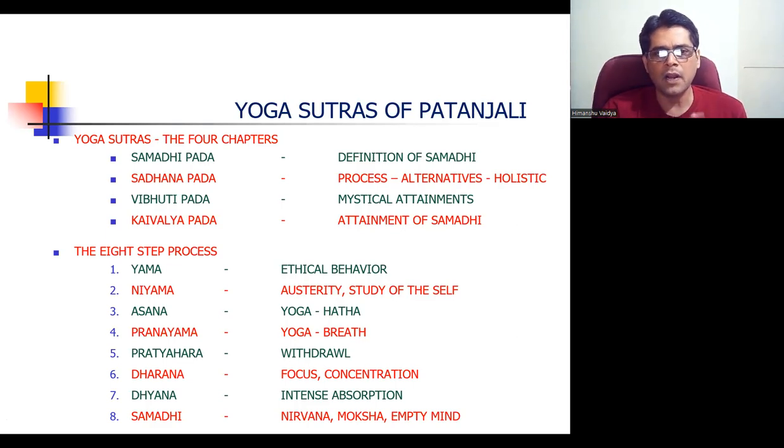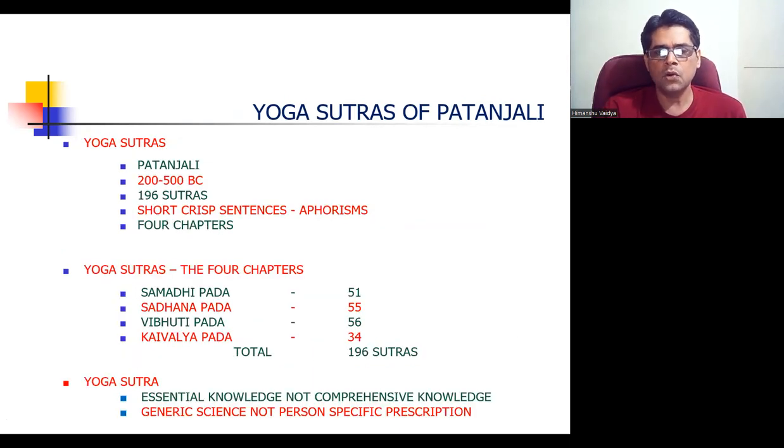So with this broad idea about the book Yoga Sutras by Sage Patanjali, just to recap, Yoga Sutras is a book by Sage Patanjali. The book is divided into 4 chapters: Samadhi Pada, Sadhana Pada, Vibhuti Pada, and Kaivalya Pada. Each of them has aphorisms of this number as put on the slide. Total 196 aphorisms.